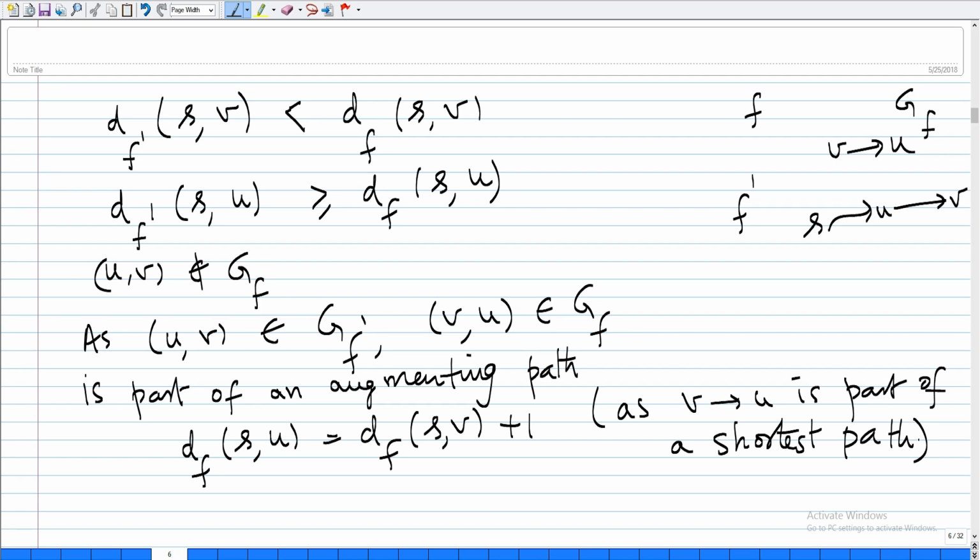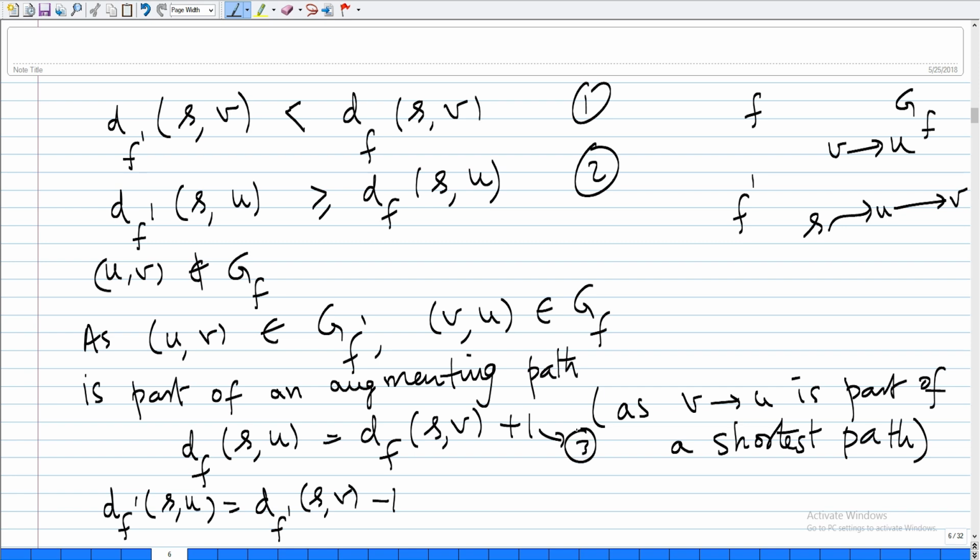Now, I claim that I have some contradiction here and I should be able to get the contradiction, be done with it. So, what is the contradiction? Okay, so let me try. So, df prime SU is equal to df prime SV minus 1, because this is the shortest path. So, the shortest path from here to here, this distance is this minus 1. Okay, let me write, this is 1, 2 and this is 3. Yeah.